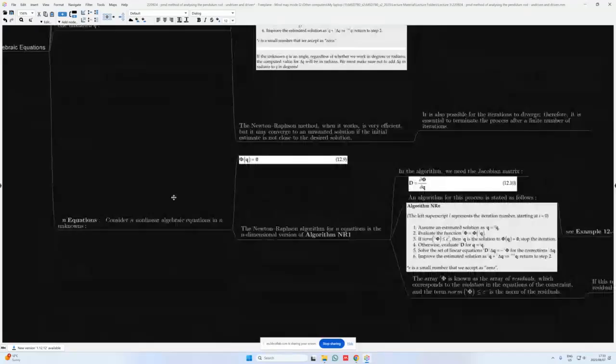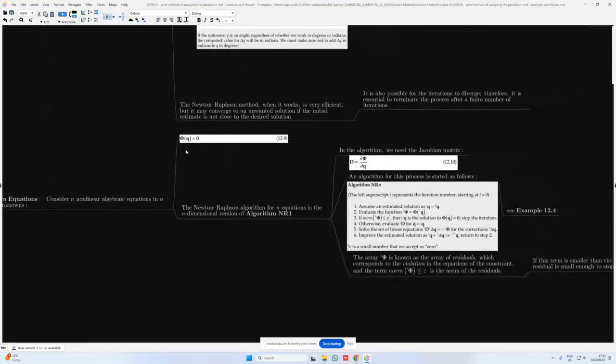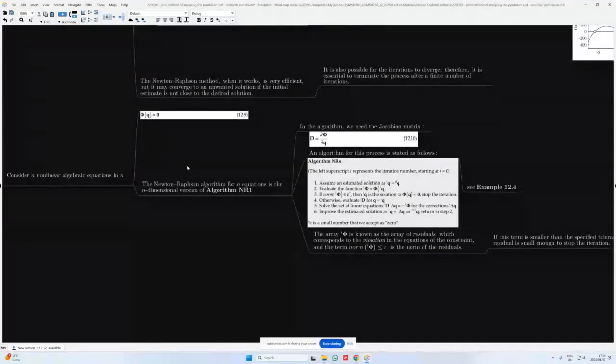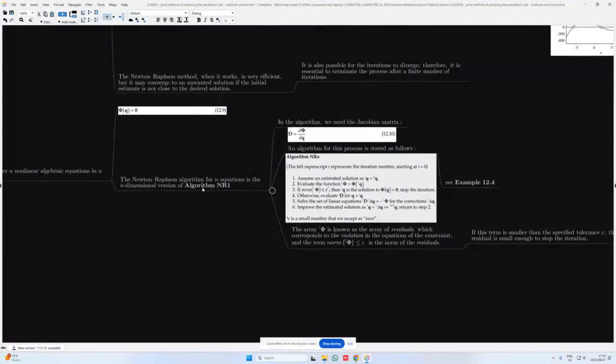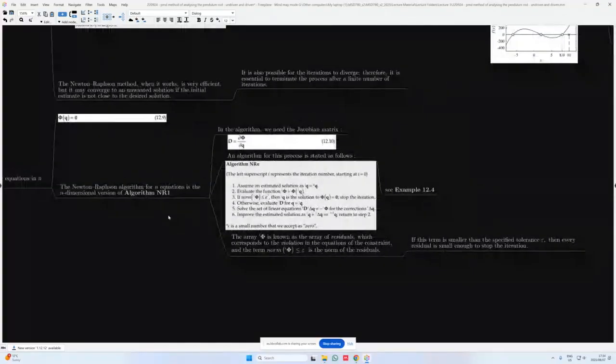Right, so that was for a single equation. Now, once we deal with multiple equations, we need to consider n nonlinear algebraic equations in n unknowns. Previously, we didn't have this Φ(q) = 0 in bold. In this case, it is now bolded, so we're working with vectors and matrices. The Newton-Raphson algorithm for n equations is the n-dimensional version of algorithm NR1.